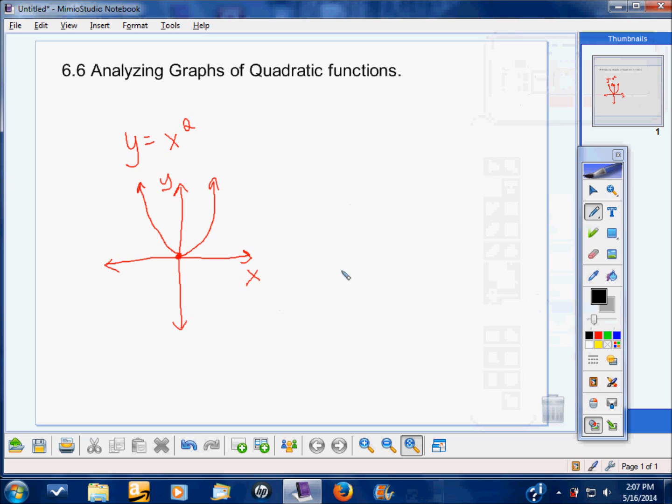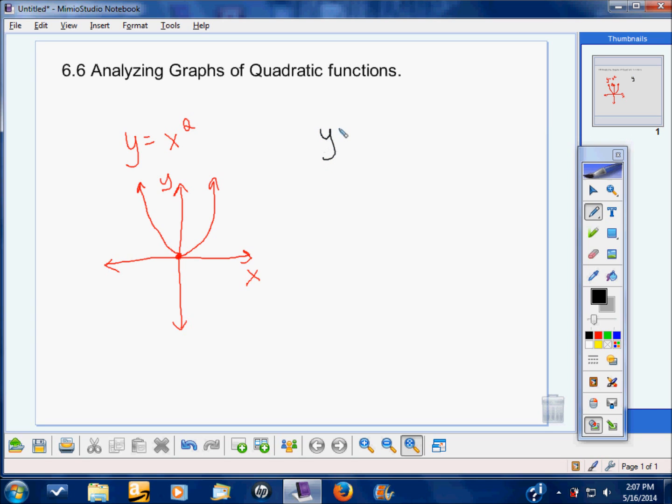So what we need to do is find out what you can tell about where the graph will go and how the shape will change, simply by doing various different things to the basic pattern. We know quadratics always deal with something being squared, and what else is going on around it is going to determine where that thing moves.